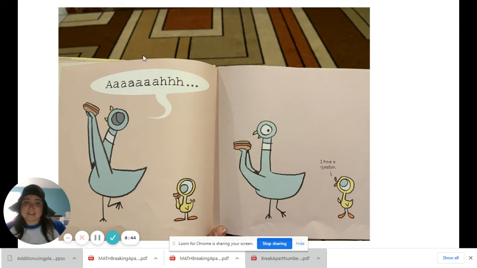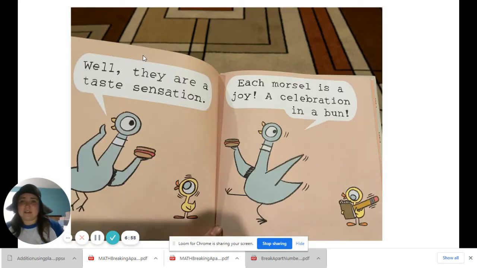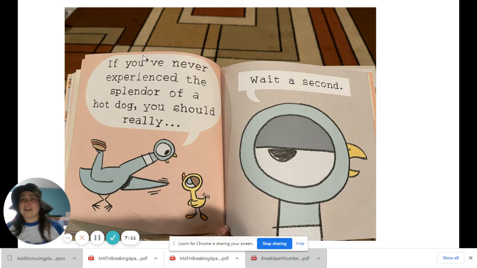I have a question. I've never had a hot dog before. What do they taste like? Well, they are a taste sensation. Each morsel is a joy, a celebration in a bun. If you've never experienced the splendor of a hot dog, you should really.